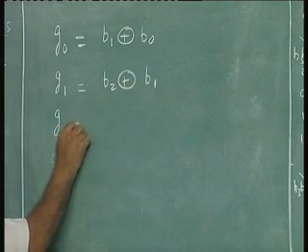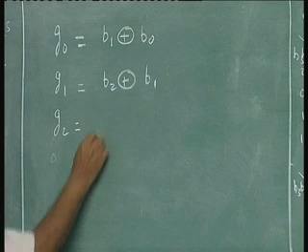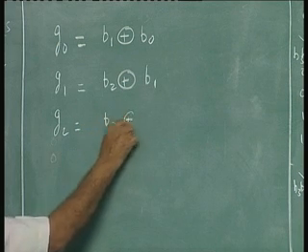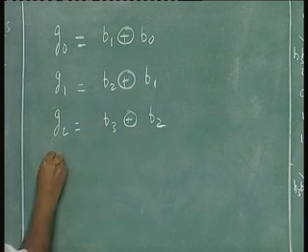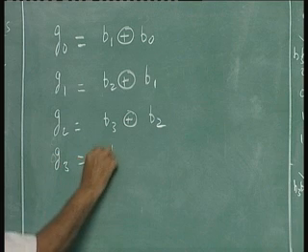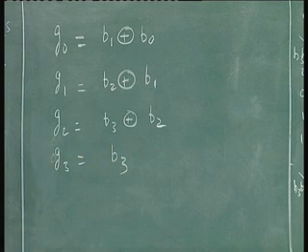G2 would be B3 exclusive OR B2, and G3 is same as B3, as you can see, 8 zeros followed by 8 ones.